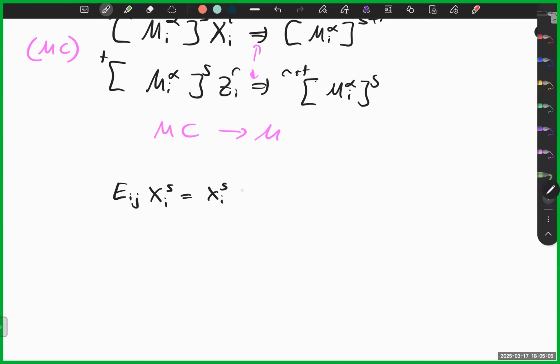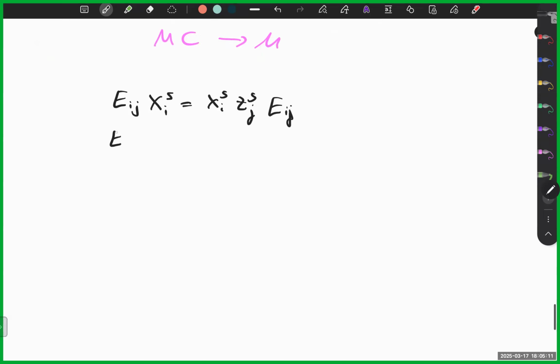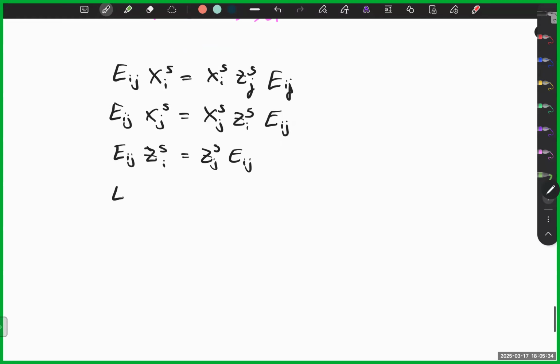We have X_i^s E_ij, Z_j^s E_ij, X_j^s, Z_i^s, E_ij, and lastly E_ij Z_j^s. Oh, sorry, it should not.